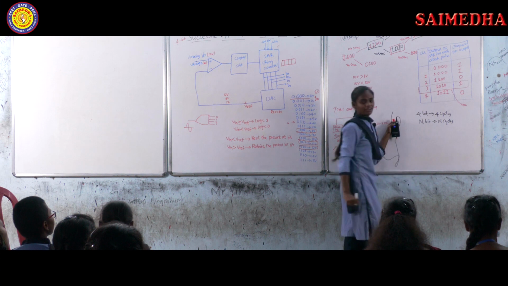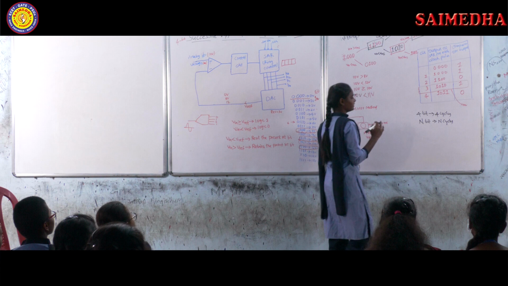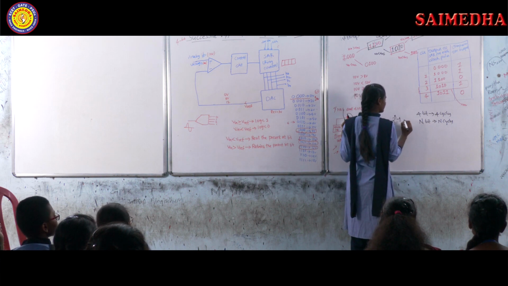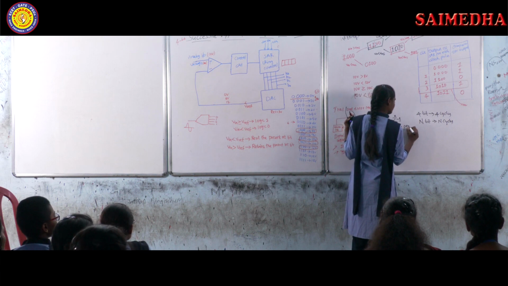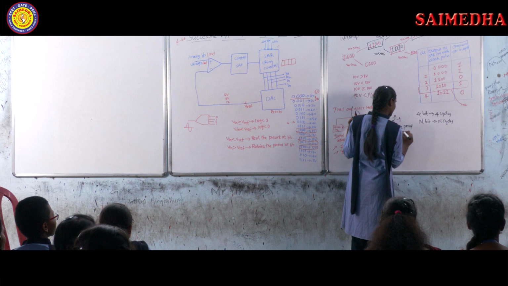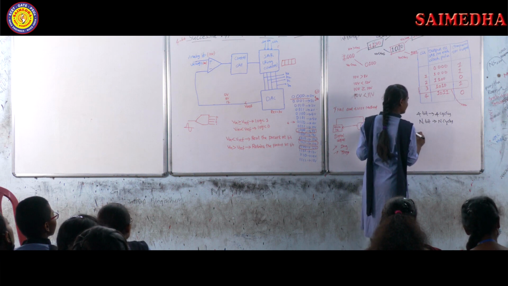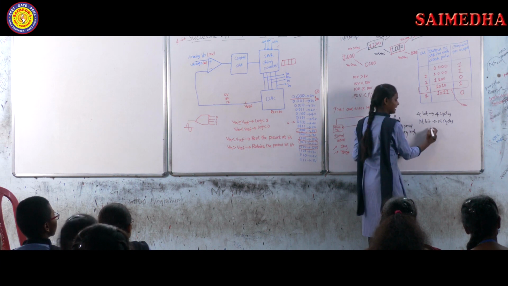Whereas in the counter type ADC method, the time cycles required are 2 power n minus 1, means the time period is very high in the counter type method. But here it takes only n cycles, means the time period is very less.